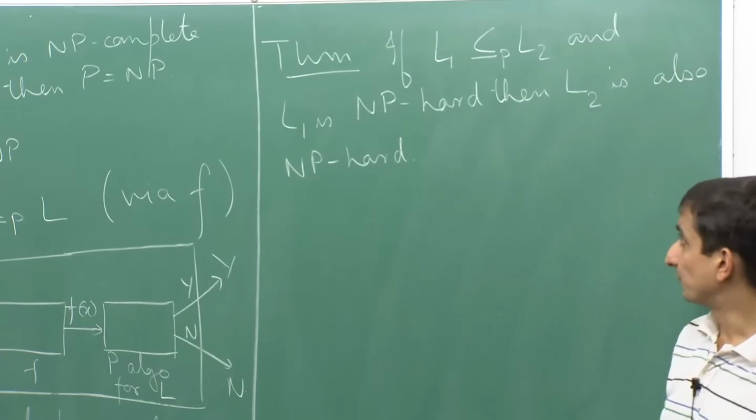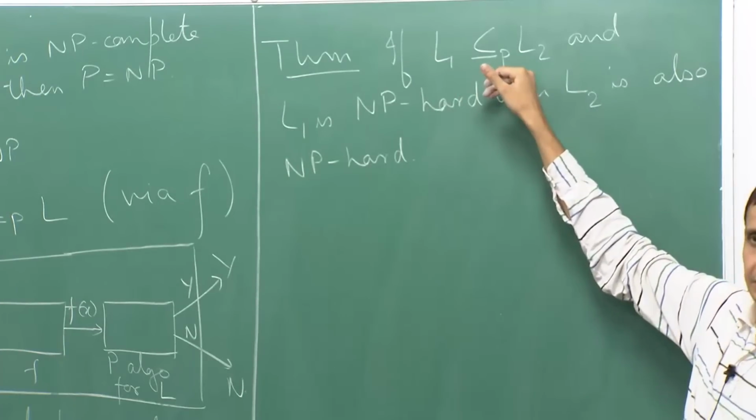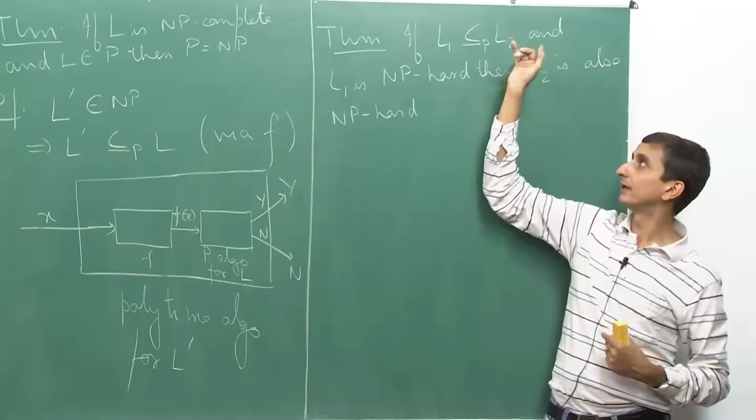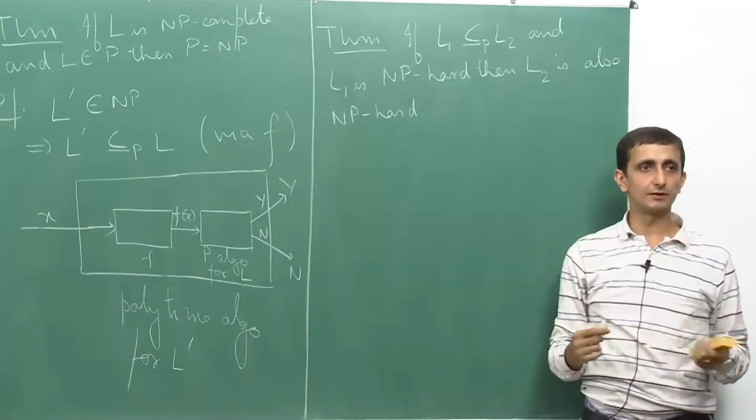Okay. So, if I have a reduction from L1 to L2 such that the first language is NP hard, then it implies that the second language is also NP hard.